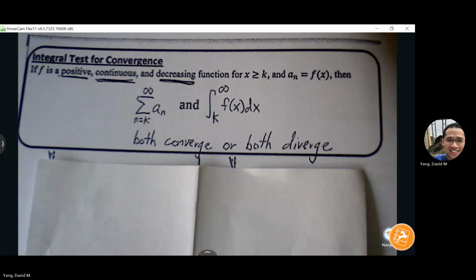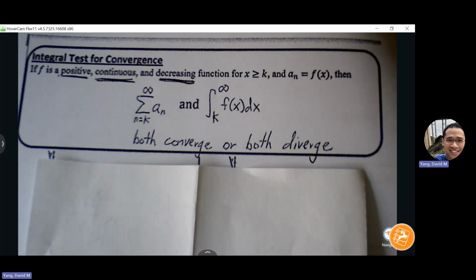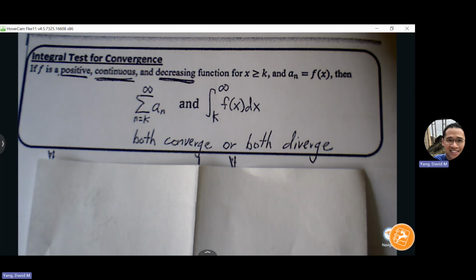So we're going to go through the integral test. This is an important test. However, as we go through a series of tests, this is going to be one of the last ones that we want to try, because it takes so long. We prefer to go through our other options first before we commit to the integral test, because it's a little time consuming.